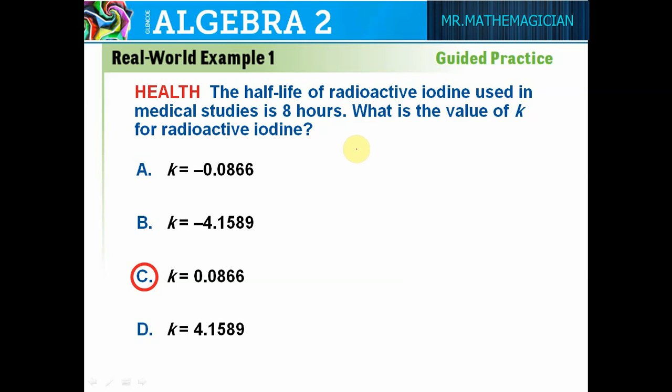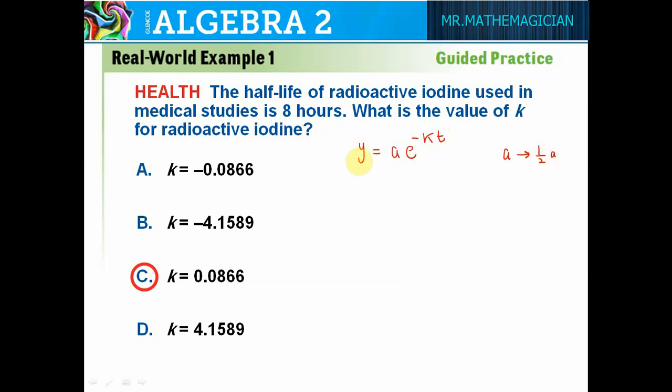So we will start with the rule y equals a e to the negative kt, because this is a decay situation. And we know that half-life means y will be half of A, or 0.5A.